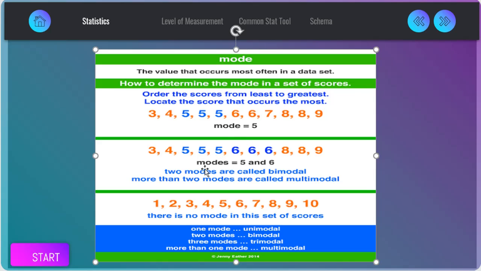On the second row, we can see that there are 2 values that appeared repeatedly and equally. So this is what we call bimodal: 5 and 6. There are 2 values, so we call it bimodal. And if there are more than 2 values that appeared repeatedly and equally, we call them multimodal.